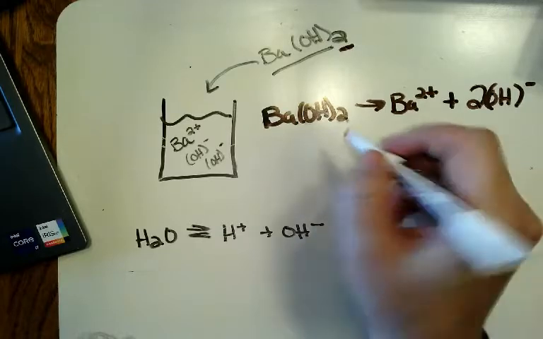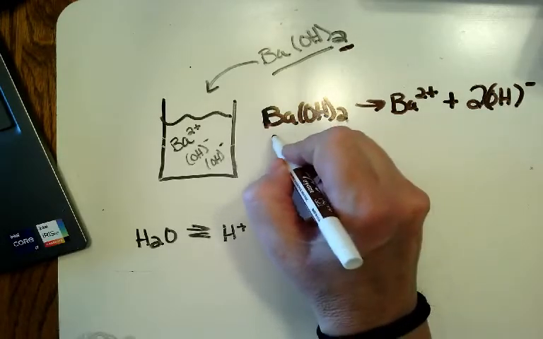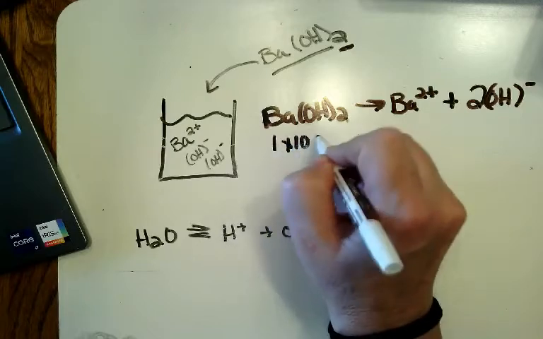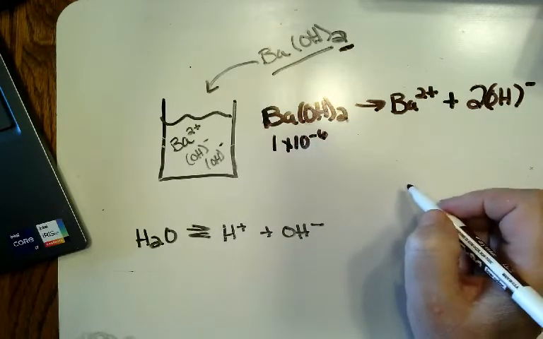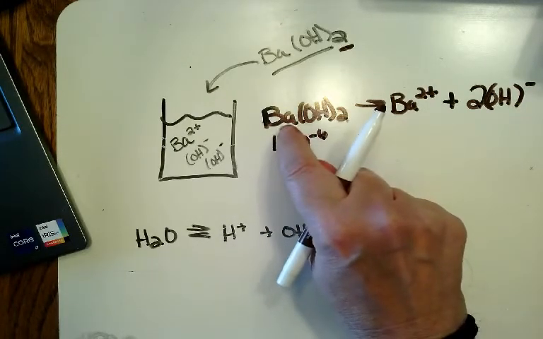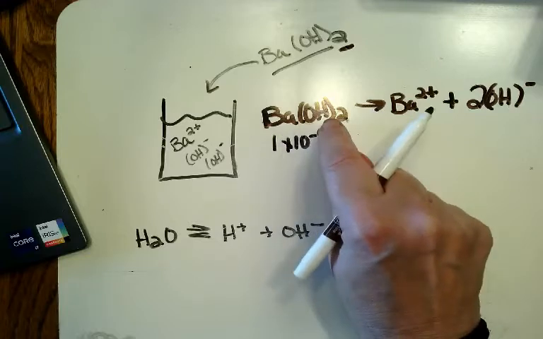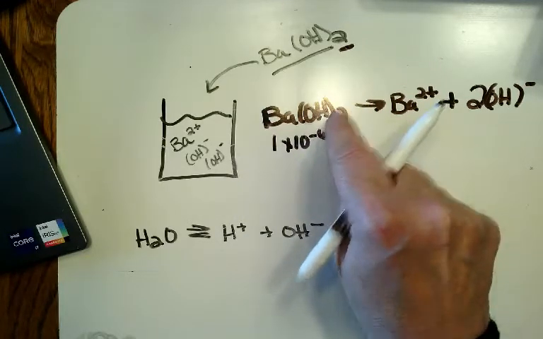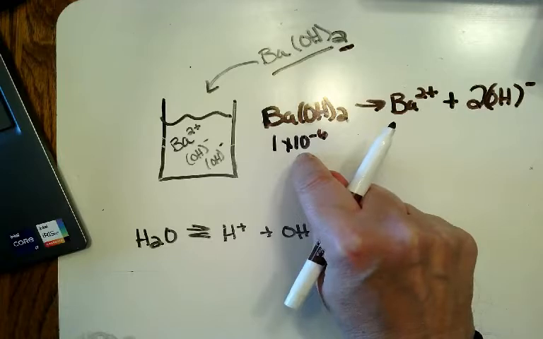Now, let's say that I put in a concentration of 1 × 10⁻⁶. This is like Legos. I have one red and two blues, but this is all one grouping, and that is the concentration.